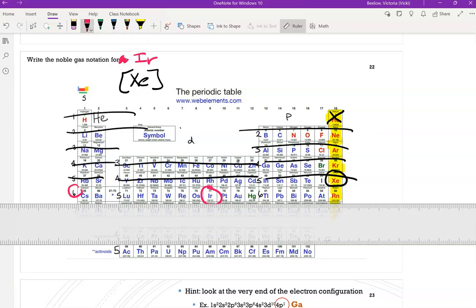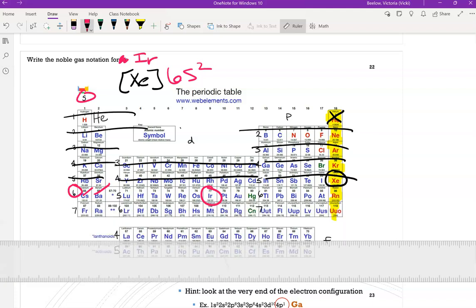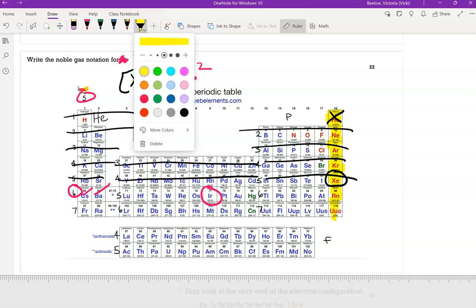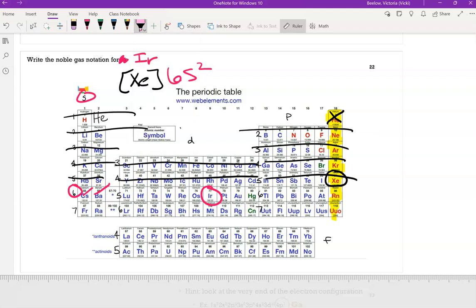So I have 6s2. And then most of you would probably want to continue here to 5d. But remember, right here it says 57 through 70, which are these elements here. So I have to take a little detour, so to speak.